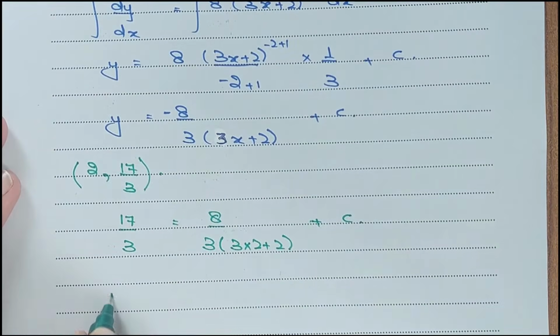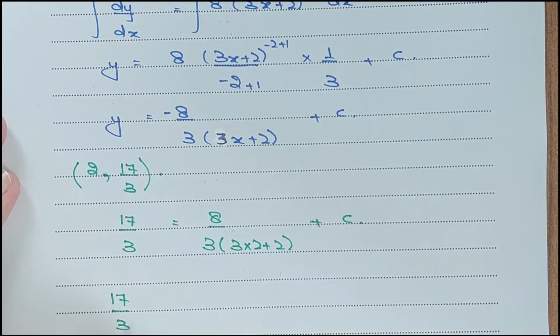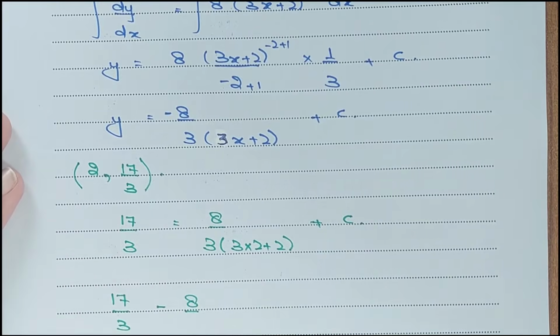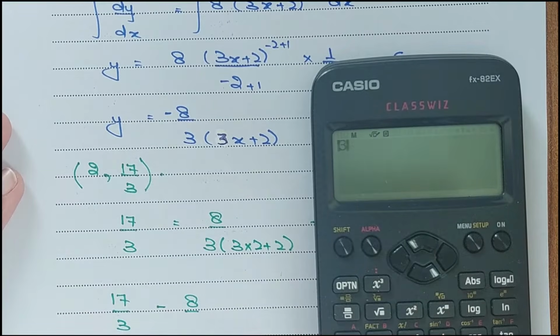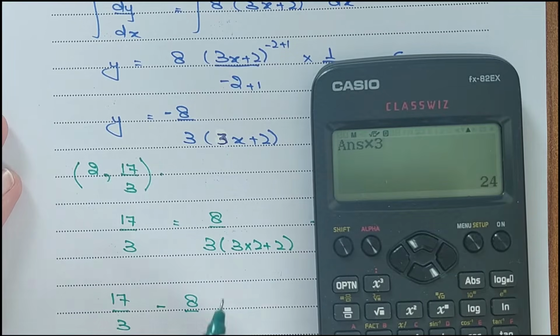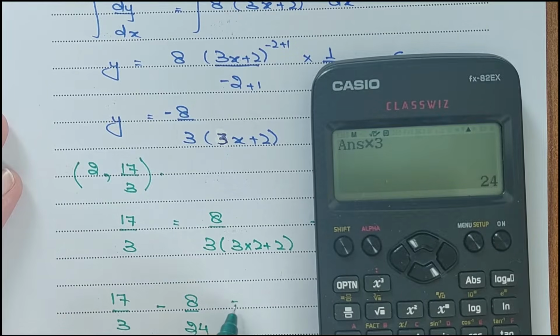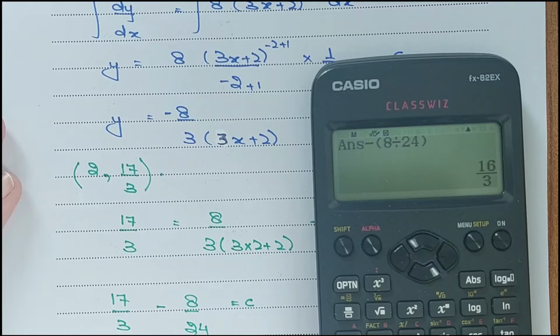So we have 17 over 3 minus 8 over 3 times 2 is 6, 6 plus 2 is 8, 8 times 3 is 24. This is the c value. Okay, 17 over 3 subtract 8 over 24, which is 16 over 3. 16 over 3 is your c value, the constant of integration.